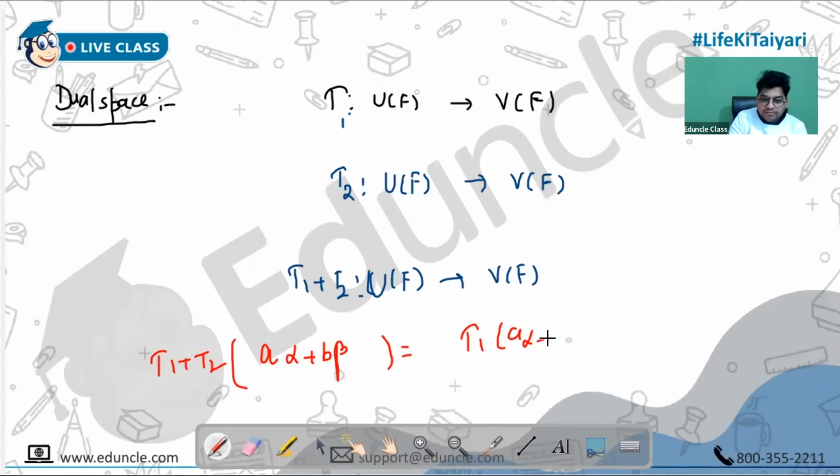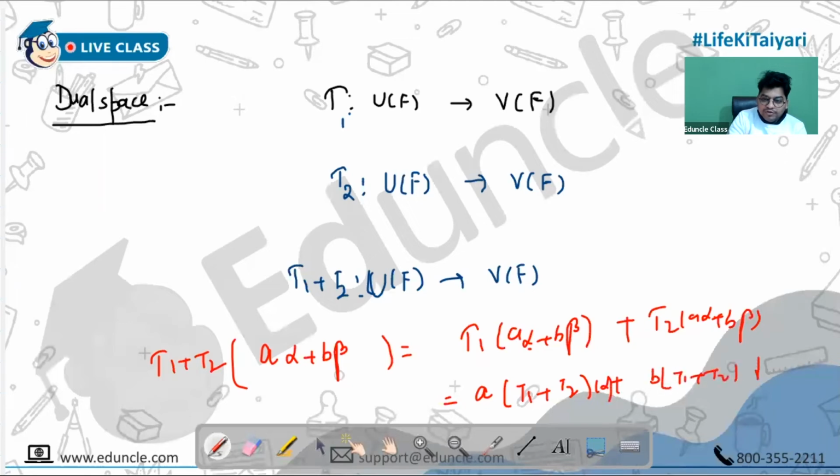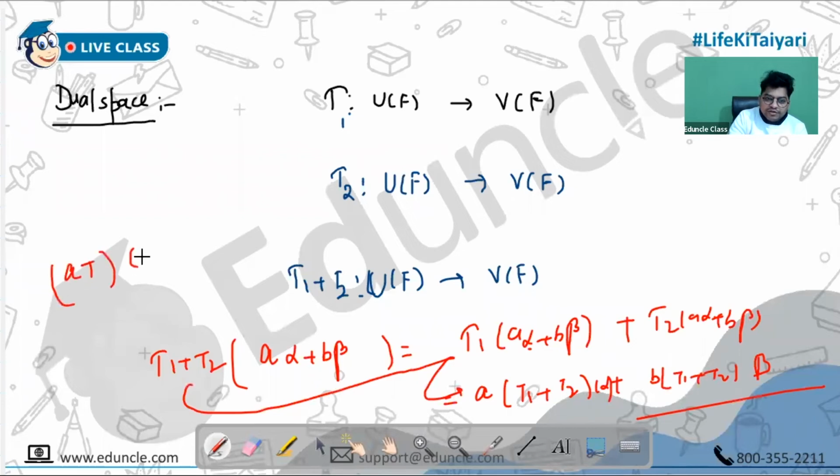T1 of A alpha plus B beta plus T2 of A alpha plus B beta. Finally, this is a linear transformation. You can write A of T1 plus T2 of alpha plus B of T1 plus T2 of beta. We have discussed already. So if T1, T2 are linear transformations, then A times T is also a linear transformation.